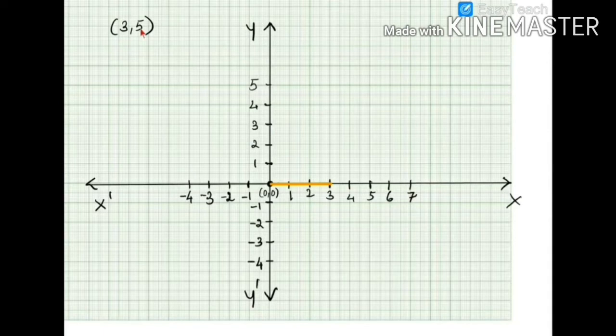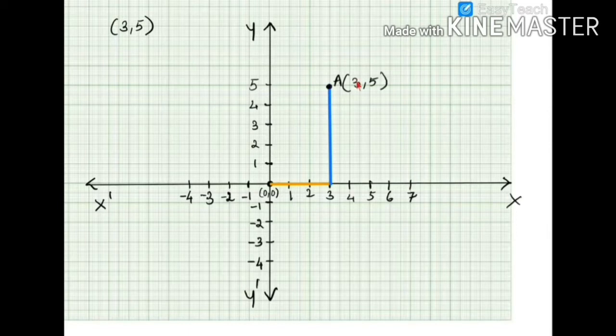The second number in the ordered pair is the y coordinate, which is 5, and it is a positive number. So from here we will move 5 units along the positive y-axis. So this point here is 3, 5. Let's represent it by a letter A.